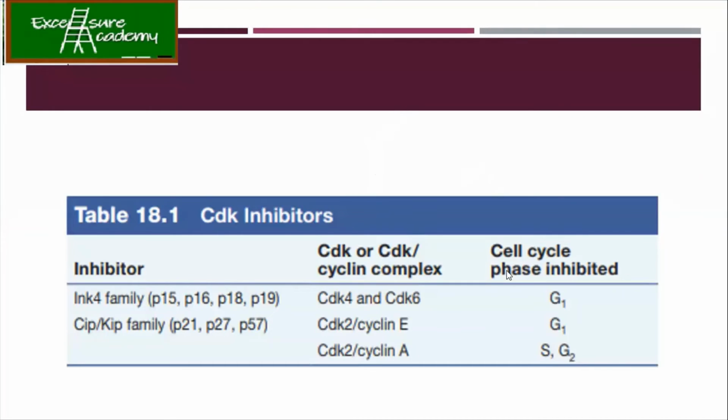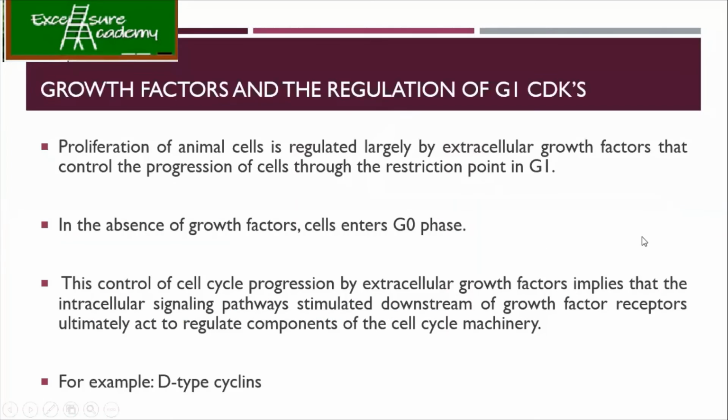Okay. So now the growth factors, which are going to regulate your G1 CDKs. Proliferation of animal cells is regulated largely by the extracellular growth factors, which control the progression of cells through the restriction point in the G1. Now see guys, this is also important to understand.